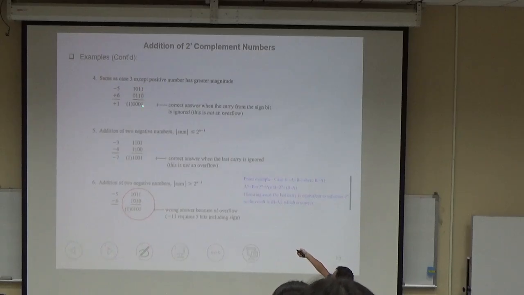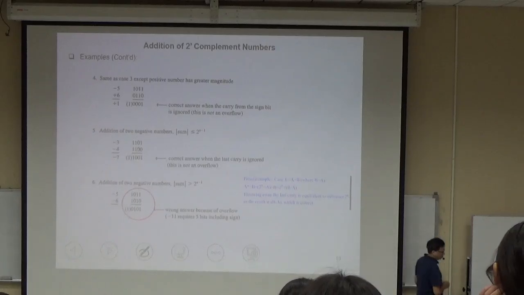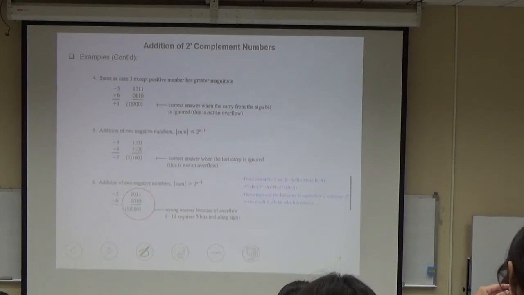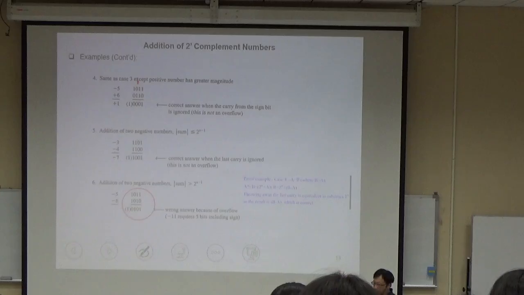1 plus 0 is 1, 1 plus 1 is 0, and carry, right? So we have a carry right here. And 1 plus 1 is 0. We have a carry right here, and the carry means plus 1 right here.